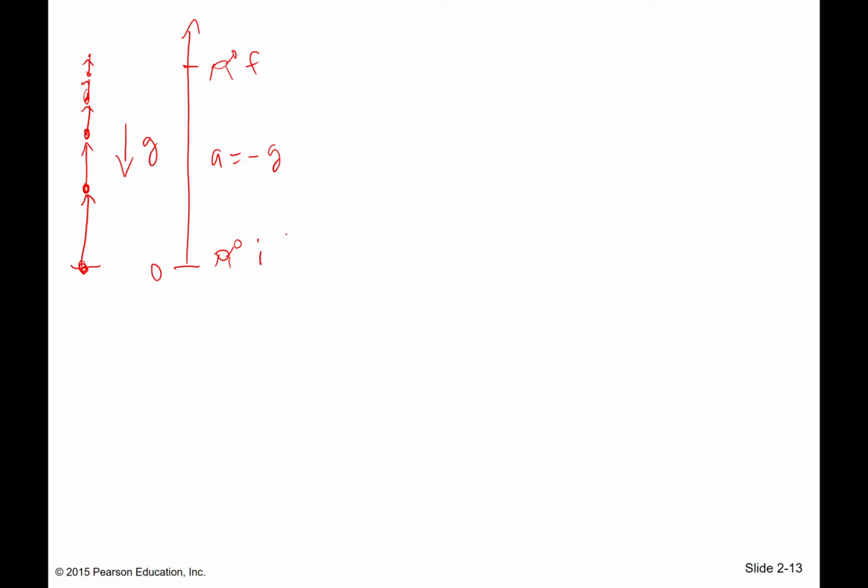So let's start with the initial time. We can always set that to 0 because we can always set our stopwatch to 0. Our initial position, the origin, is 0, and the initial velocity is 7.0 meters per second. Those are the things we know at the initial time.